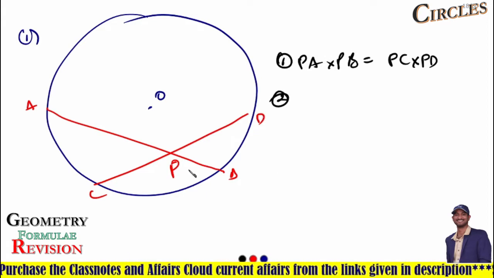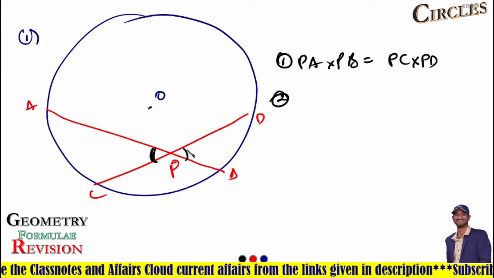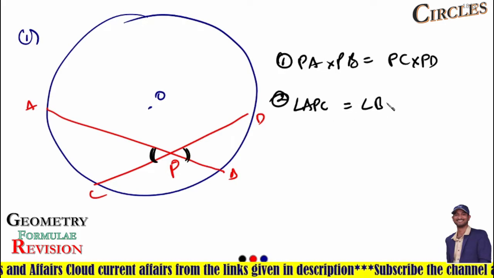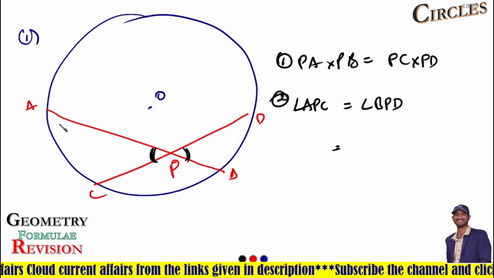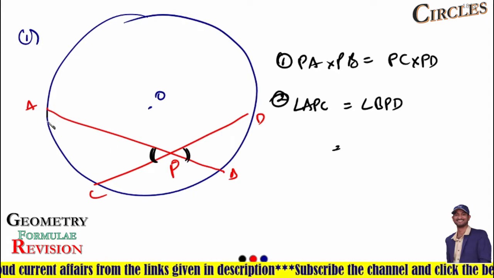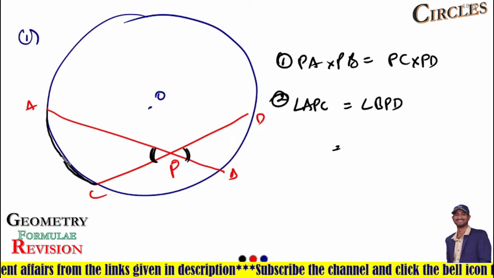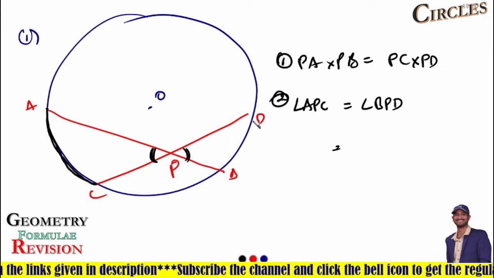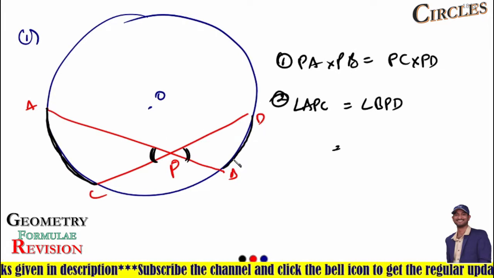And next, angle APC and angle BPD are both equal to, here I am taking APC, that means this arc, and BPD, this arc.